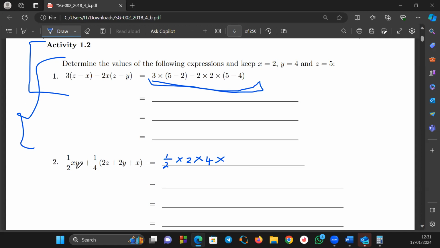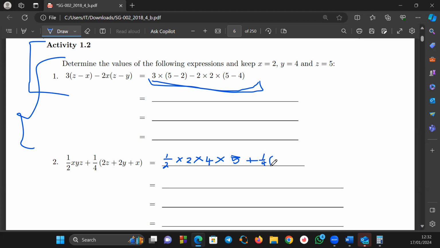Actually, I will pronounce z the way we do, but if somebody else says it differently, remember they mean z. So plus 1/4.